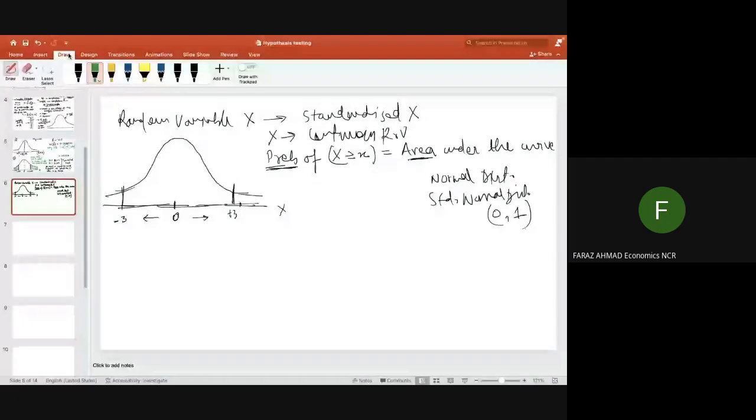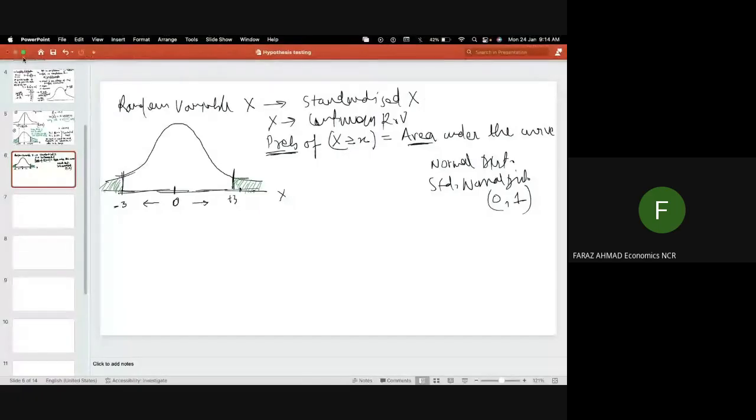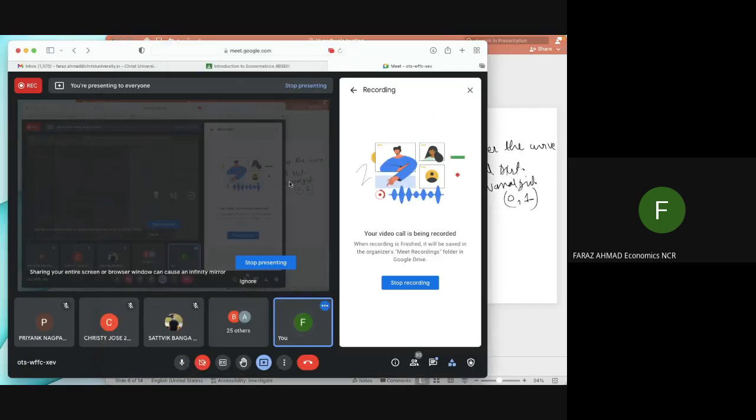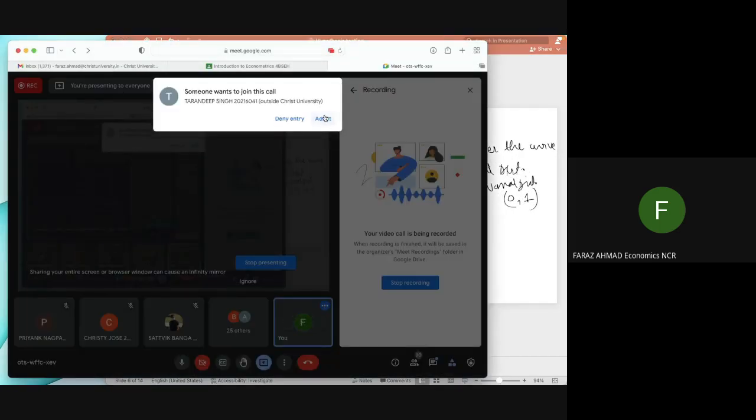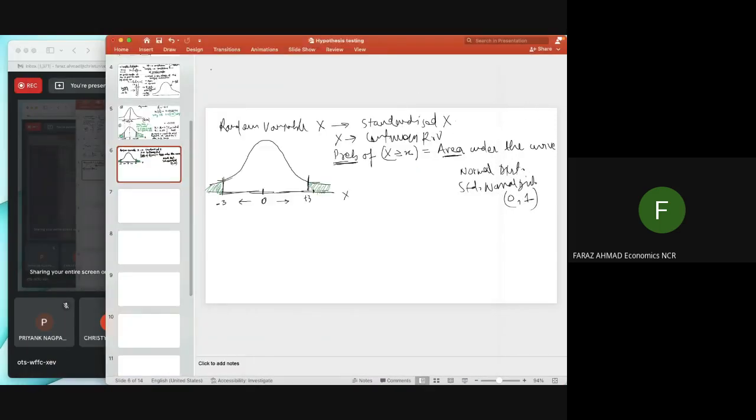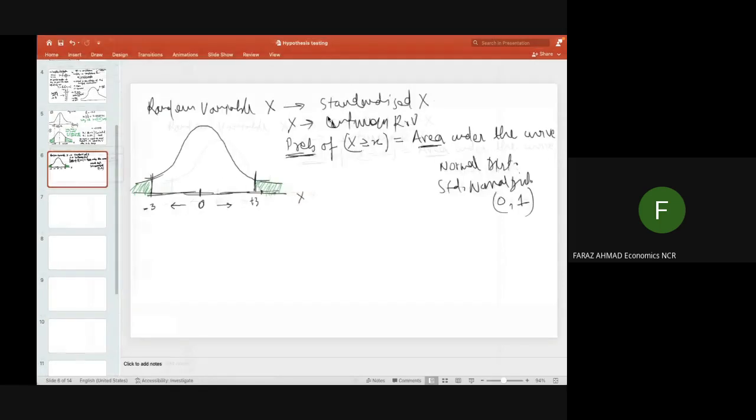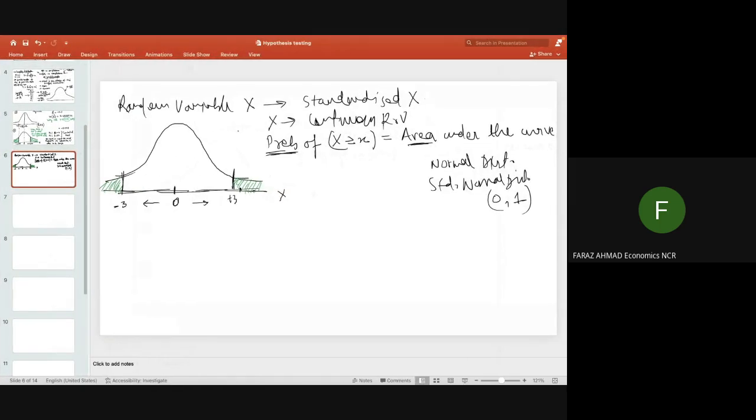And there is area under the curve to the right of 3, and there is some area under the curve to the left of -3, right? So there are two types of areas here. One is area under the tail, and another is area in the center.